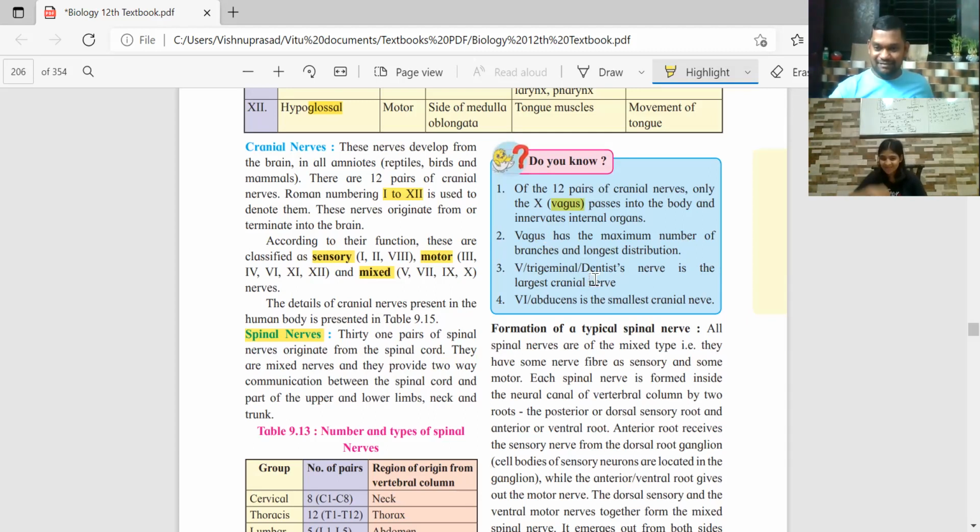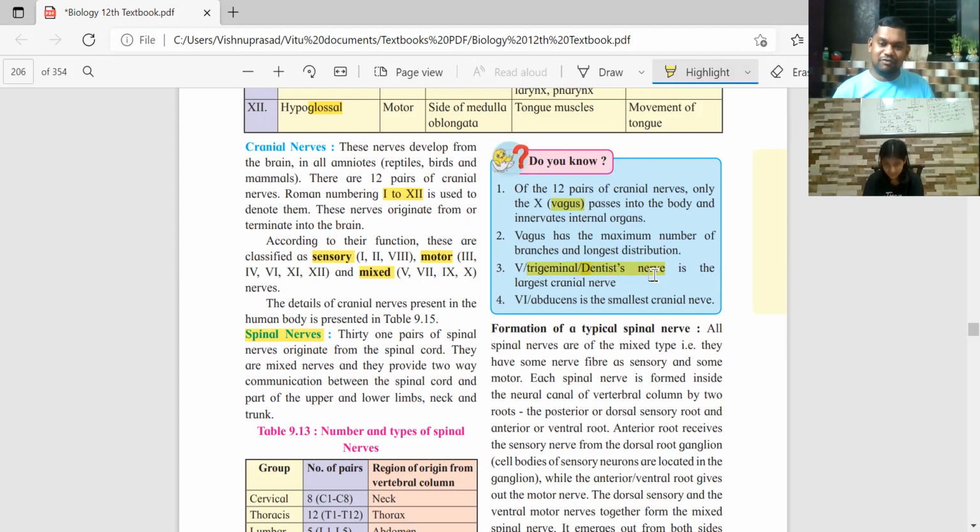Then this fifth one is called the trigeminal nerve. It's the dentist nerve. The fifth one, number 5 in Roman numerals. The trigeminal nerve supplies the teeth and the gums.